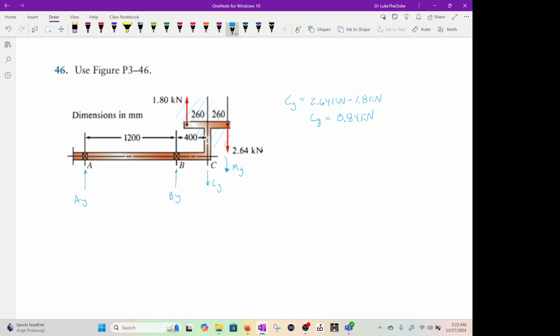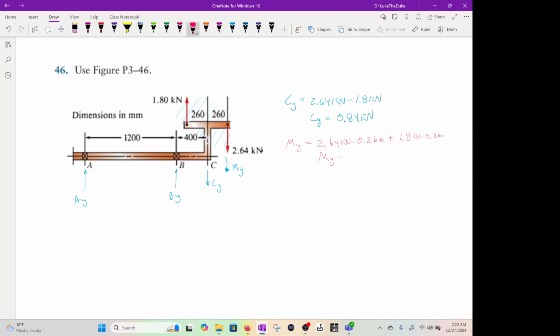And then the moment, I'll do this in red, at Y, is going to be 2.64 kilonewtons times 0.26 meters plus 1.8 kilonewtons times 0.26.